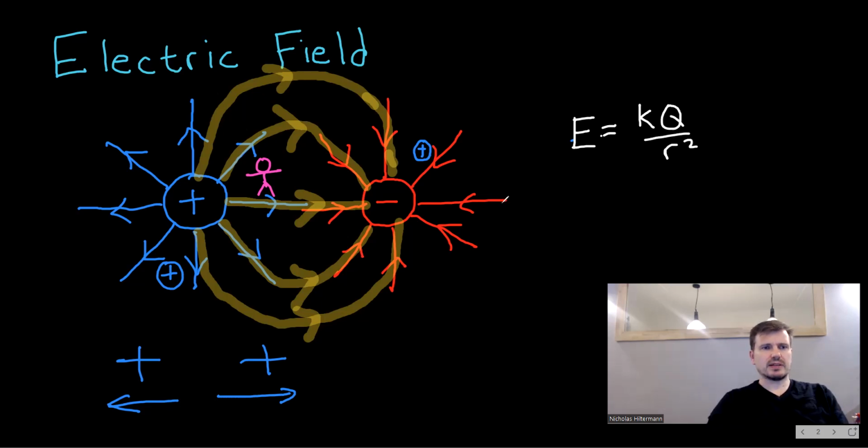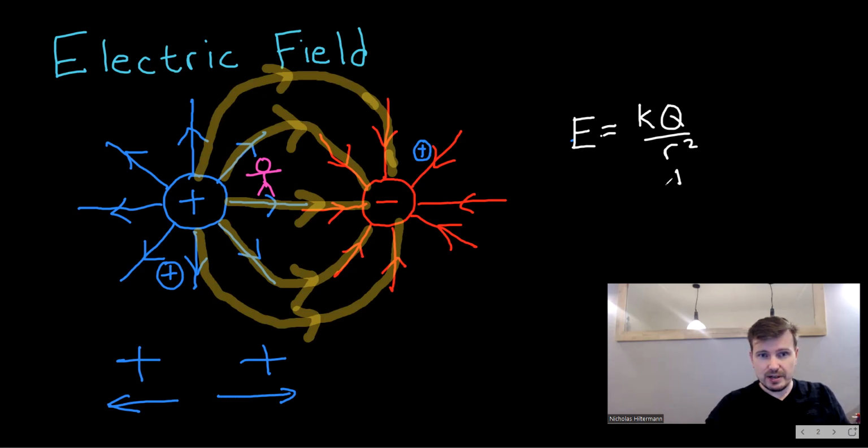Now, what's interesting about this equation is that if this is the electric field and r squared is at the bottom, as the r gets bigger, so r is radius, as something gets further away, notice because r is at the bottom, the electric field gets smaller as the distance gets bigger.